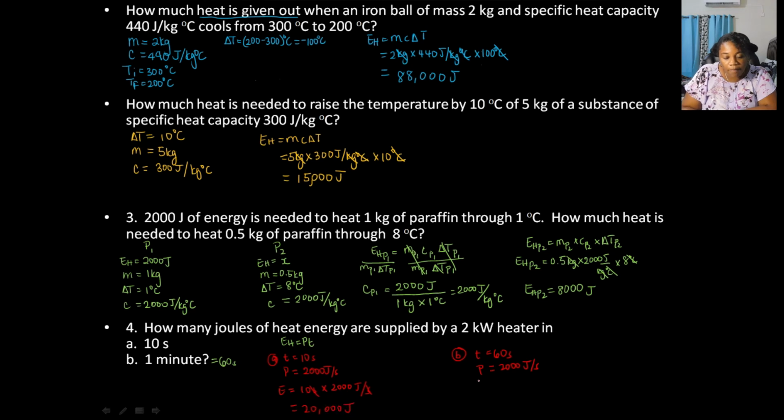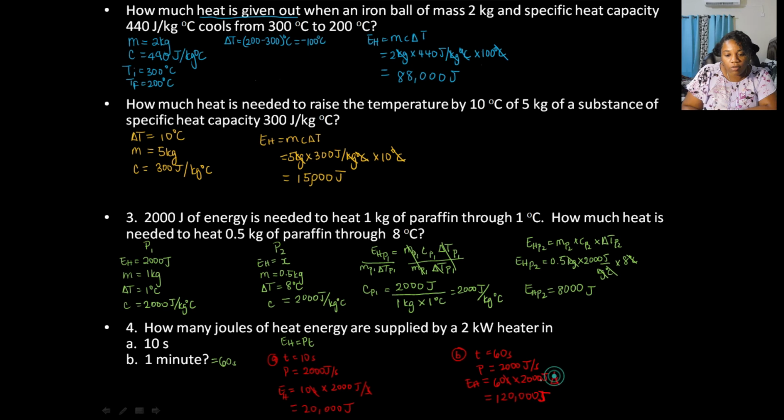And then EH will be equal to 60 seconds times 2000 joules per second, and that will give us 120,000. I'm just making sure, 120,000 indeed, joules.